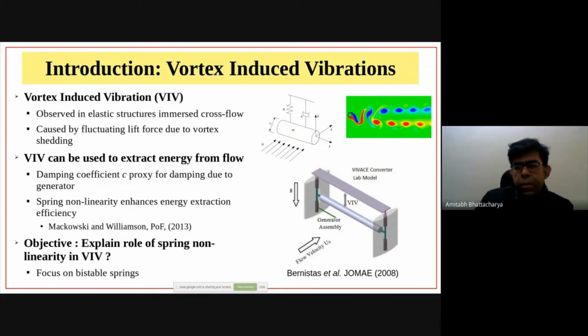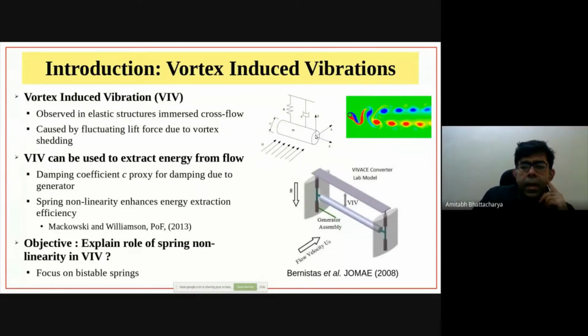Now, even without going to the next few slides, we can imagine that when the fluid is flowing across the cylinder and the vortex is shedding with some vortex shedding frequency, then you will expect to see a larger amplitude if this vortex shedding frequency is similar, if not identical, to the natural frequency of the spring.